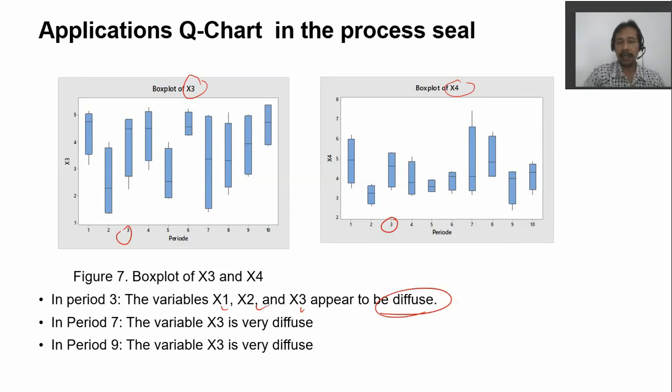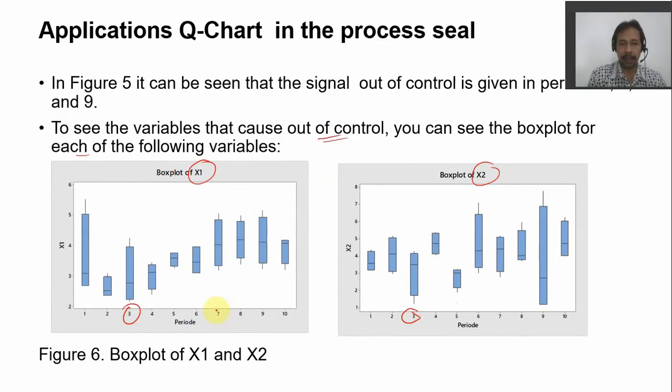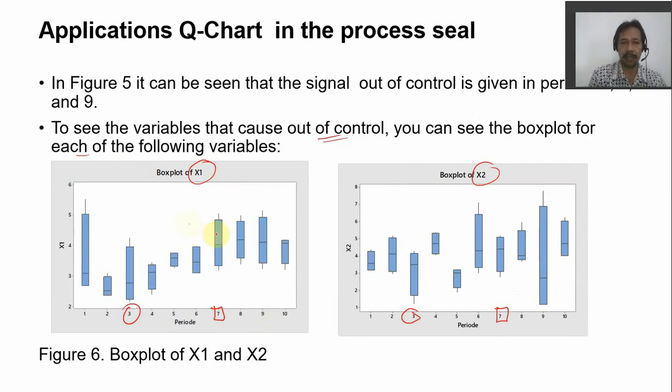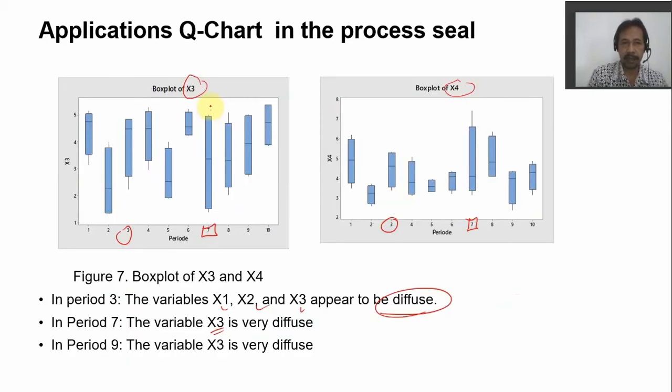And then for period 7: period 7 for x1, period 7 for x2, period 7 for x3, and period 7 for x4. We can see x3 is very diffuse here, very scattered, because there is more variation for x3 in the 7th period.